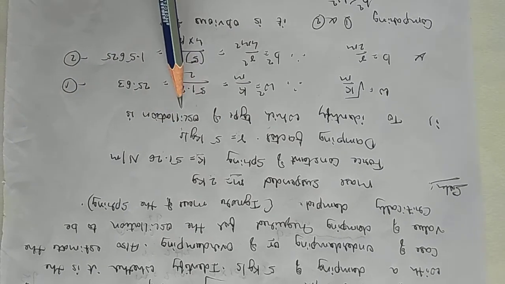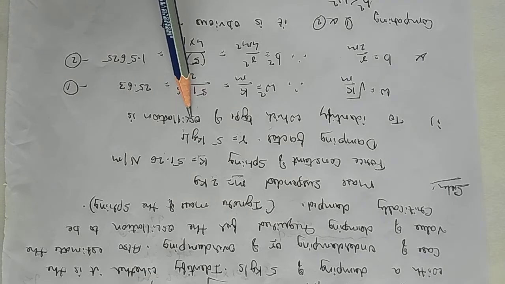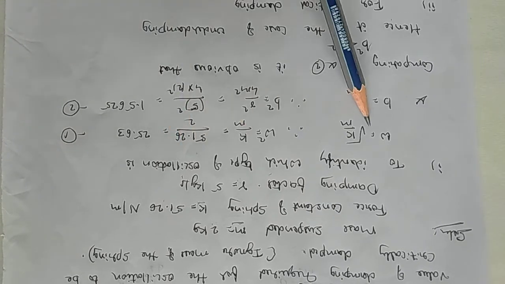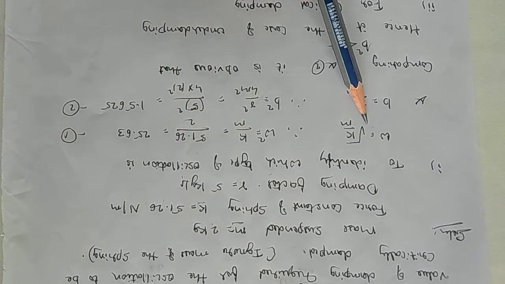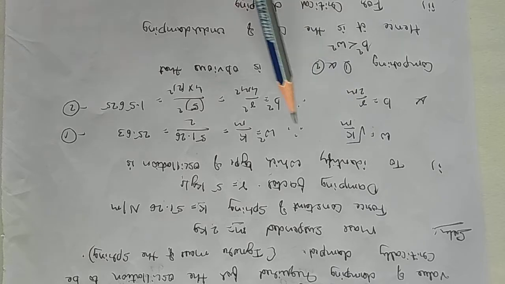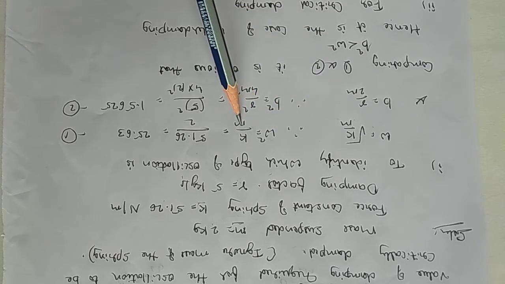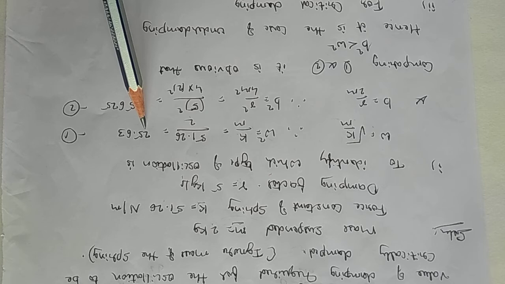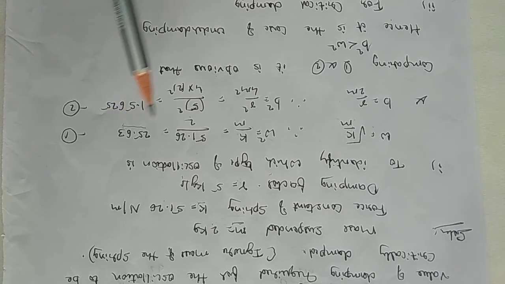Next, to identify whether it is over damped or under damped. Now we know that omega is given by the square root of K by M, or omega square is equal to K by M. So the force constant K is 51.26, M is 2 kg, and it comes to be 25.63.